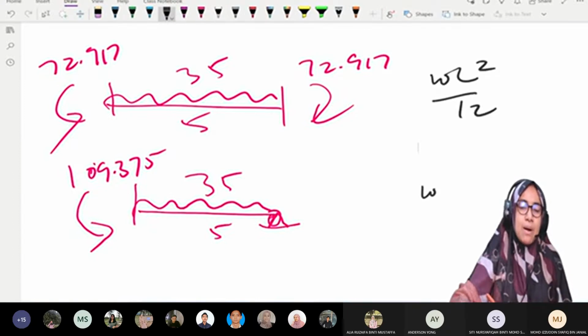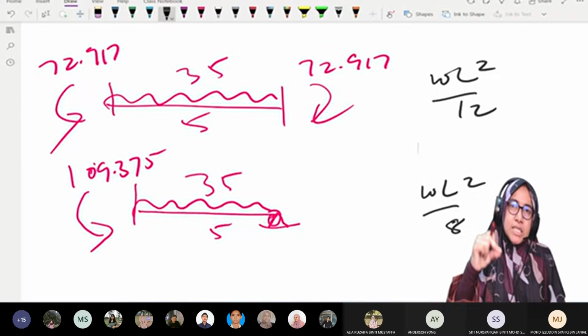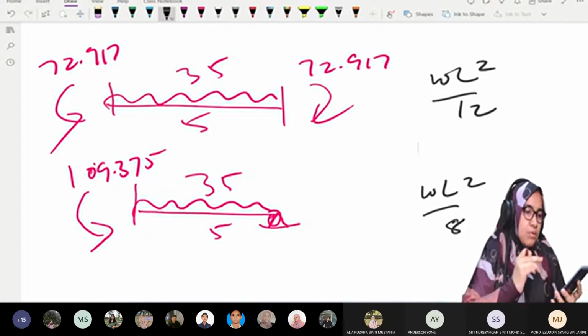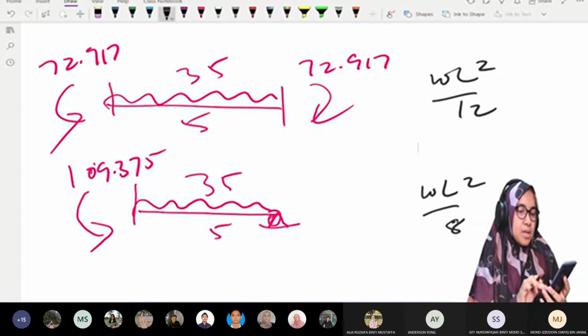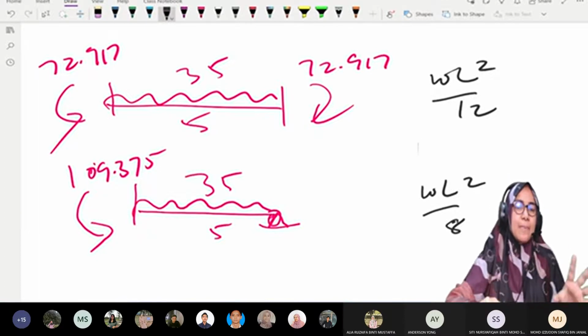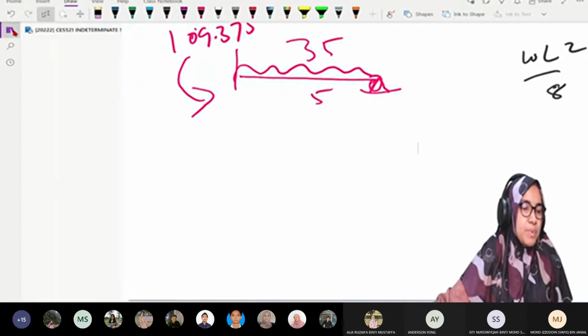Yang bawah is WL squared over 8. Dua-dua condition boleh pakai as long as you understand macam mana nak consider this dalam table. W is 35, L squared, 5 squared over 8, so we get 109.375. Okay, dalam table. Sekejap saya nak copy one table.